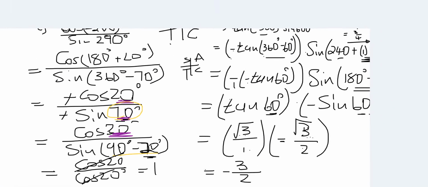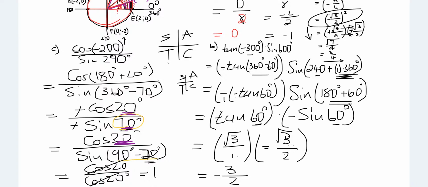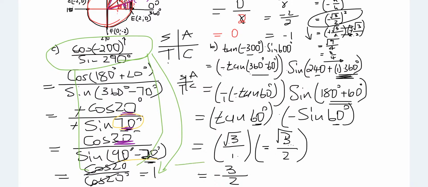So which means if on your calculator you had to punch all of that, it has to give you 1. Whatever you do, all of that has to take you to 1. If it doesn't take you to 1, then you know that something somewhere went wrong.